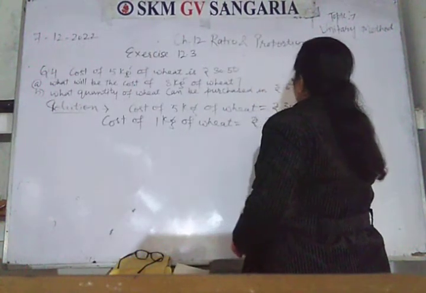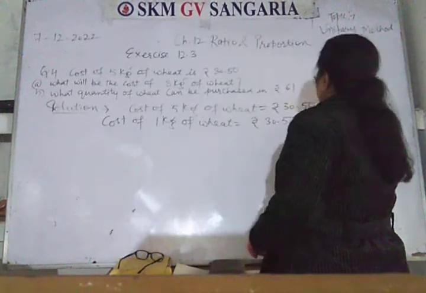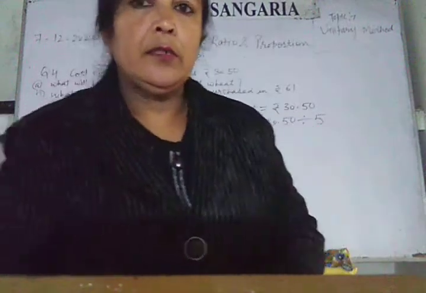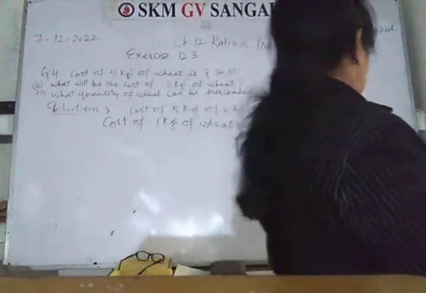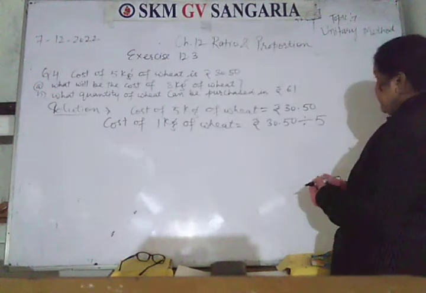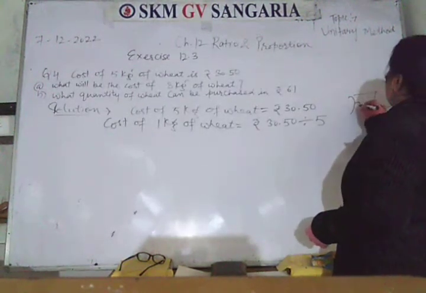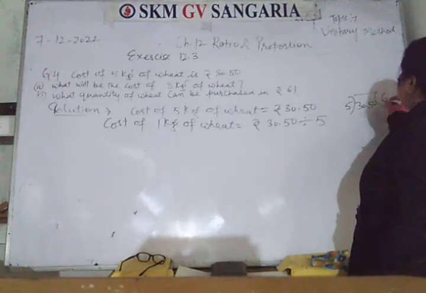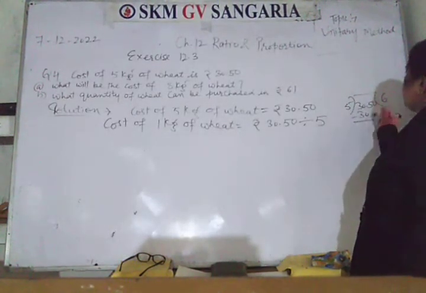Rupees 30, paise 50 will be divided by 5. So 30.50 will be divided by 5. 6 fives are 30, recite the table of 5 till 6.